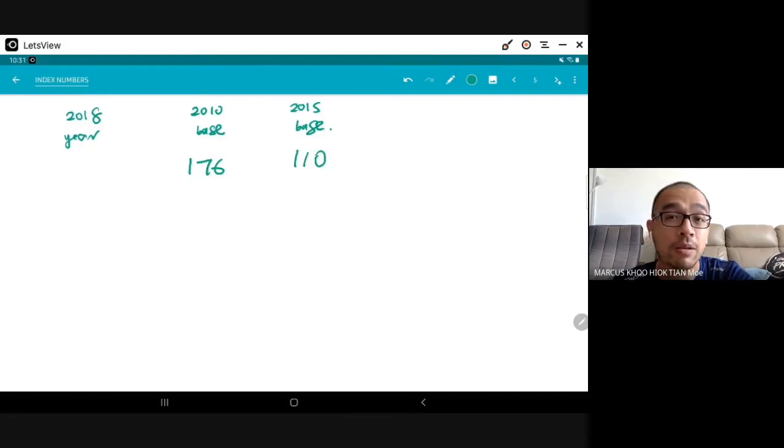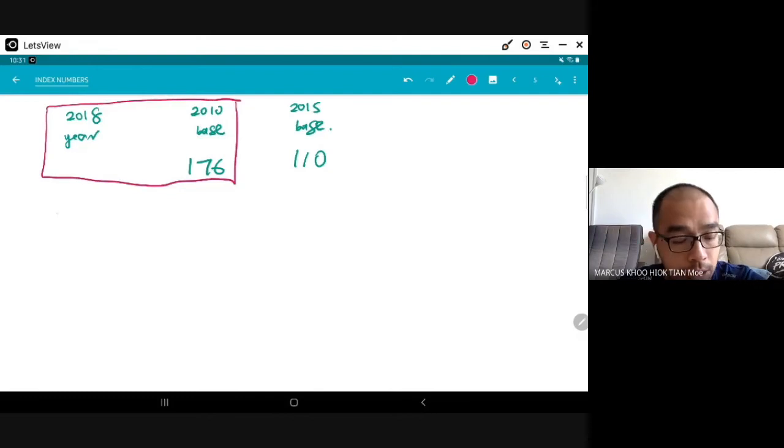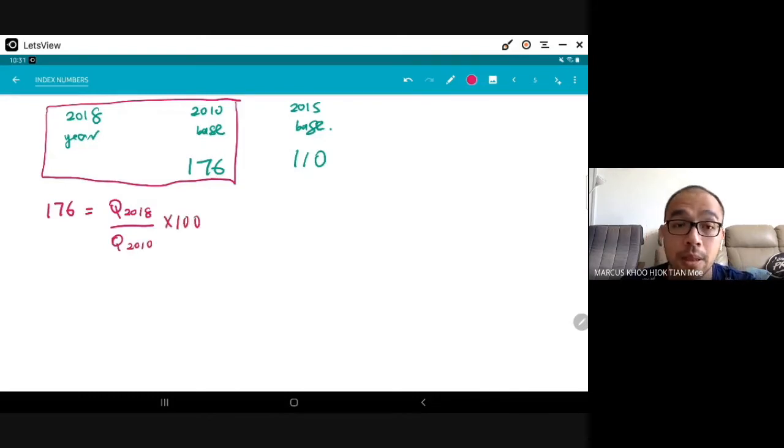This is slightly interesting. Let's consider the first one first. This means that 176 equals the price in the year 2018 over the price in 2010, times 100. Then if 2015 is the base, this is slightly different.